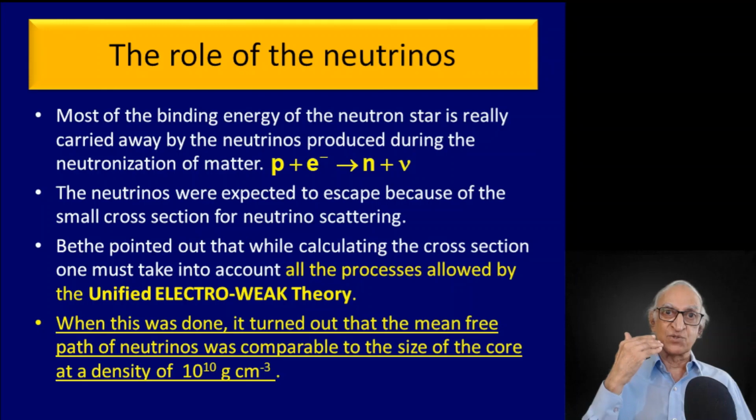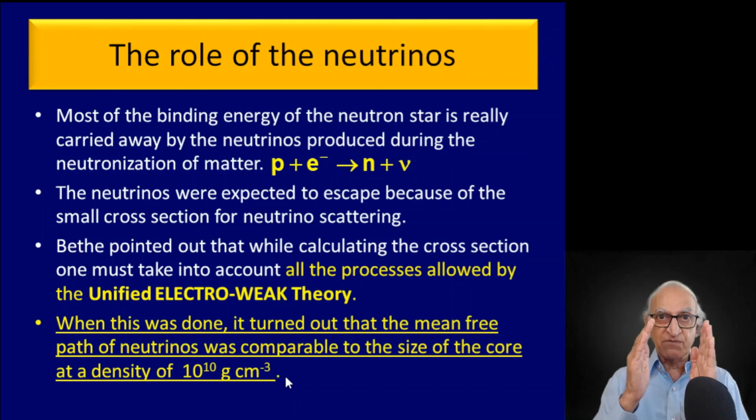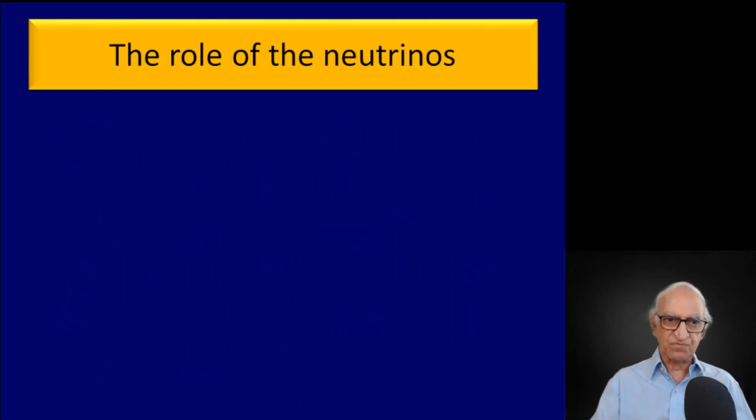In other words, neutrinos will travel for many light years without interacting with matter, even at the density of lead. But here we are not dealing with the density of lead, we are dealing with a density of 10 to the power 10 grams per cubic centimeter. And if you calculate the cross-section according to the unified electroweak theory, then it turned out that the mean free path of the neutrino is comparable to the size of the collapsing core.